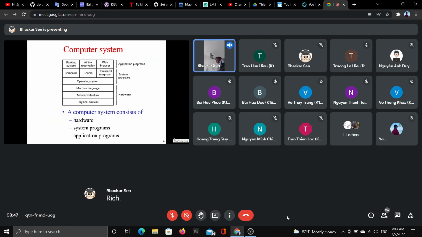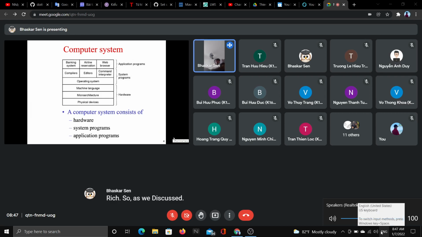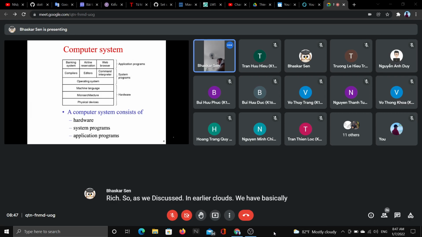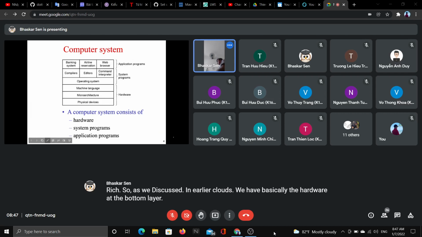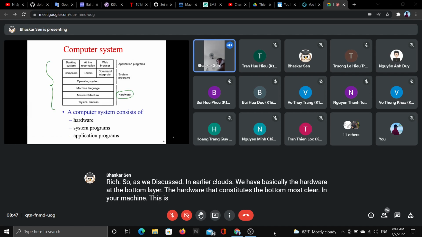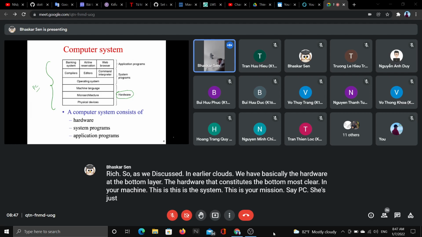So as we discussed in the earlier class, we have basically the hardware at the bottom layer, the hardware that constitutes the bottommost layer in your machine. This is the system. This is your machine, say a PC. PC is just one type of machine.